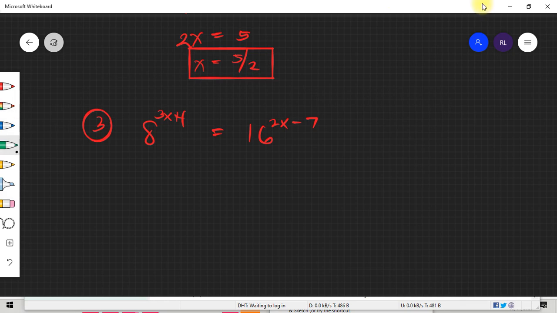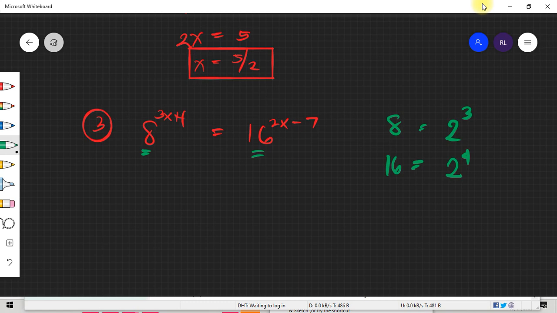We can make 8 and 16 into the same base, which is base 2, because we can express 8 as 2 cubed, and we can express 16 as 2 raised to 4. You can use your calculator for this if you want to.